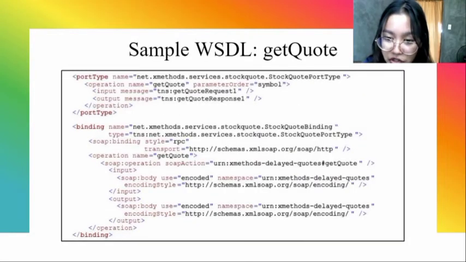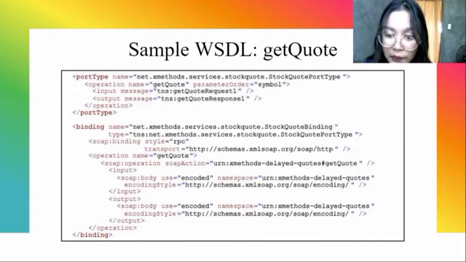So this structure of the port type element will have the information about the message element, like which message will be used as an input message and which message will be used as output message, and a complete set of input and output message we can call an operation.